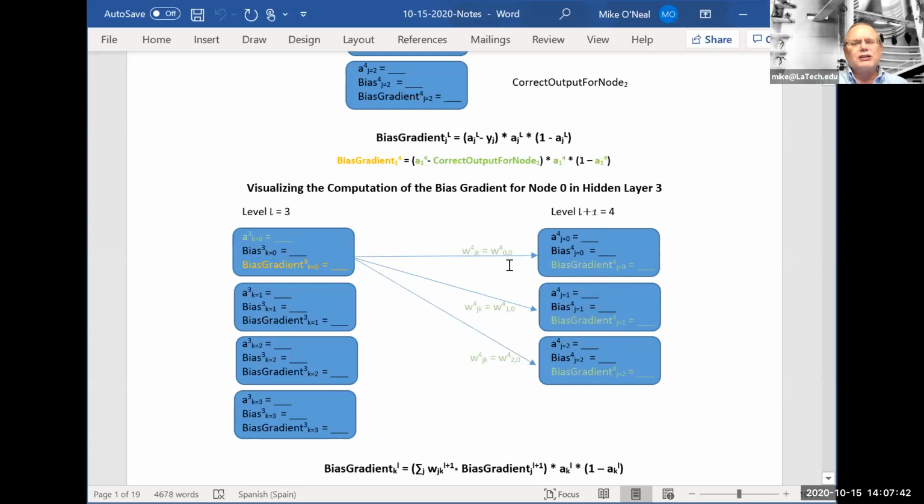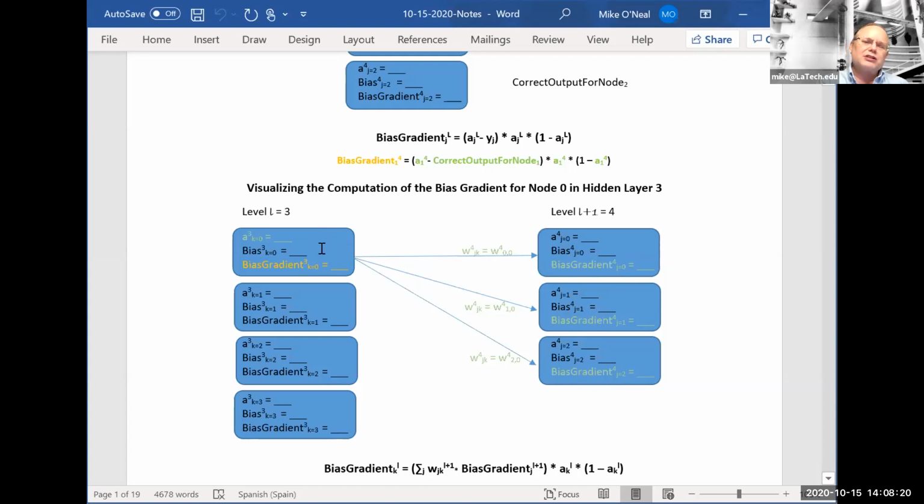And we're doing that because essentially we've got these errors, and we want to figure out what the error is here. This weight tells us how much this error contributes to the error in this node, and this weight tells us how much this error contributes to this node, etc. So if this is a very weak weight, even if you have a big error here, because it's so weakly weighted, this guy really isn't contributing to that.